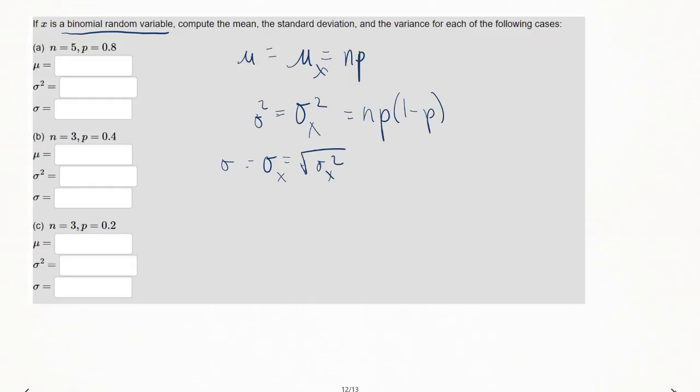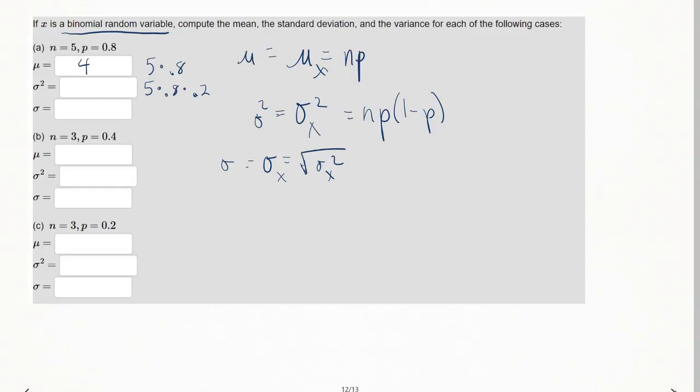Okay, so keeping that in mind, we have n equals 5 and p equals 0.8. So in the case of the mu, you just take 5 times 0.8, and that one's not too bad. That's just 4, right? So now for the sigma squared, you take 5 times our 0.8, and then we also have to multiply by the probability it doesn't occur, which is 0.2.